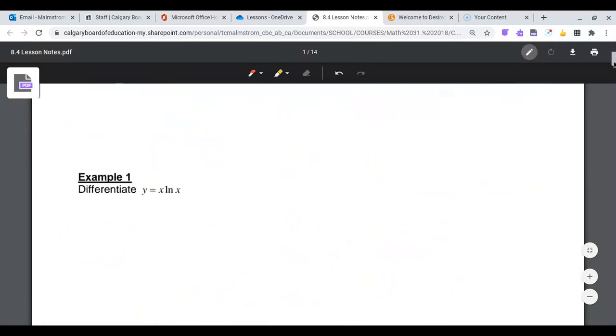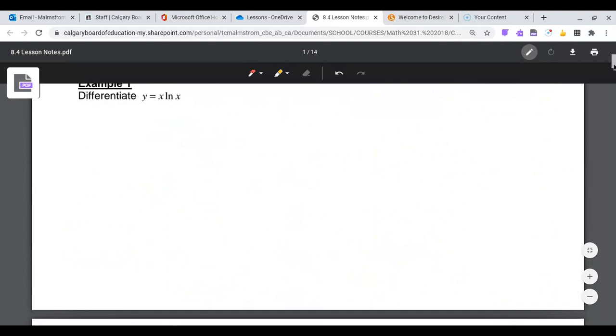All right, so let's try some of these knowing these rules. What would be the derivative of y equals x ln x? So we have a product here. So y prime is going to be 1 d2, so the derivative of ln x is 1 on x, plus 2, which is ln x, d1, and the derivative of x is 1.